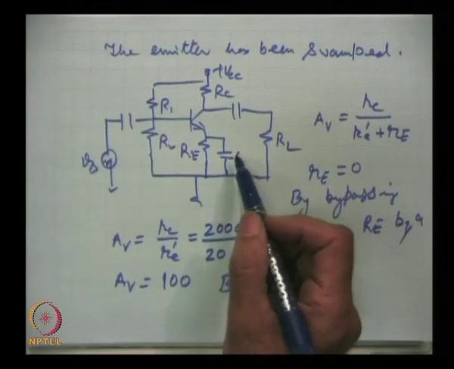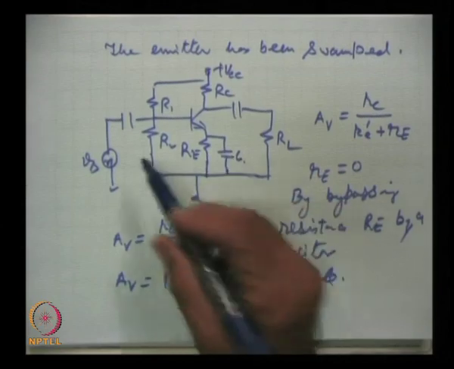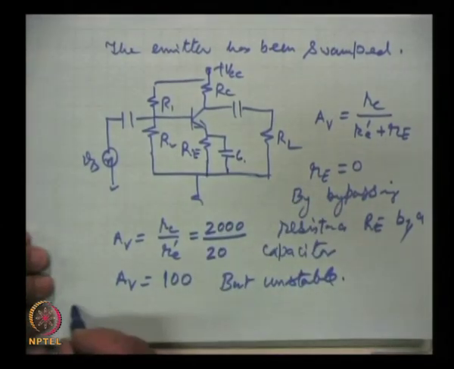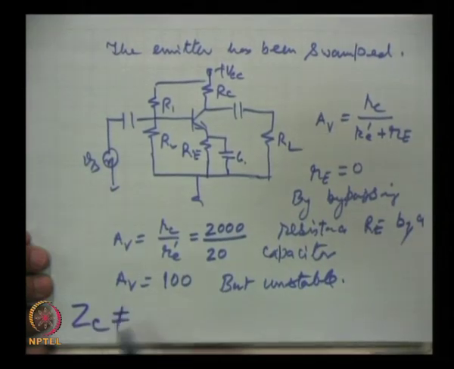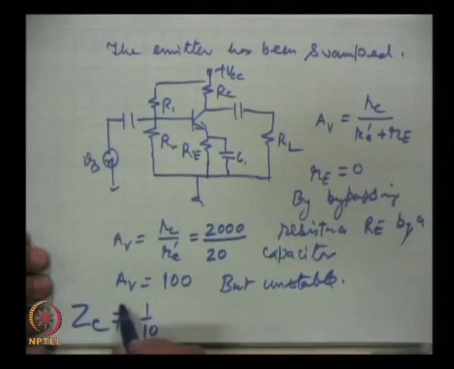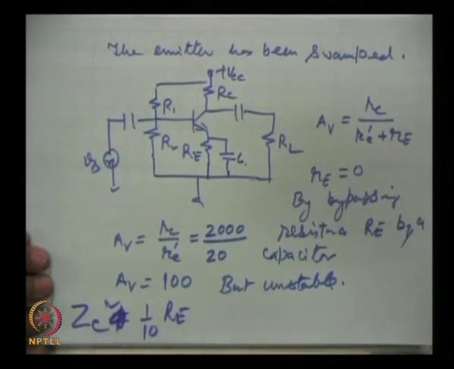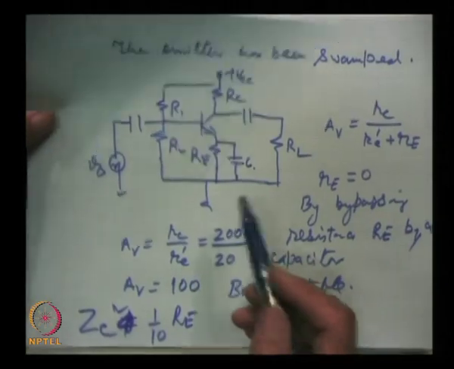The thumb rule is that the impedance ZC at the lowest signal frequency should be approximately 1/10 of Re. This is the thumb rule. So, we choose it like that, but then the circuit becomes unstable. So, there is an intermediate position which is often taken.